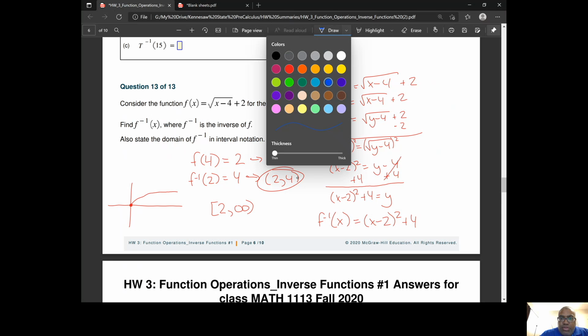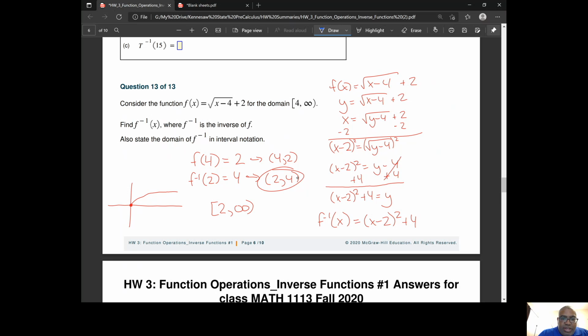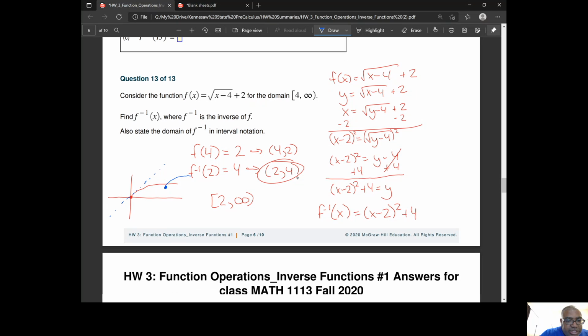Changing colors, the transformation tells us that we've shifted it right 4 and up 2. So that would make it look like this. Okay, this is a rough sketch. The inverse of a function is reflected across the line y is equal to x.